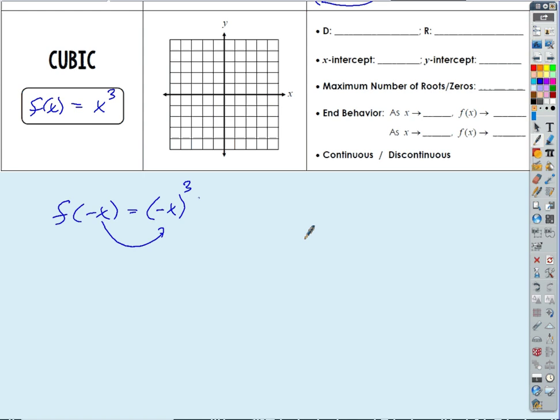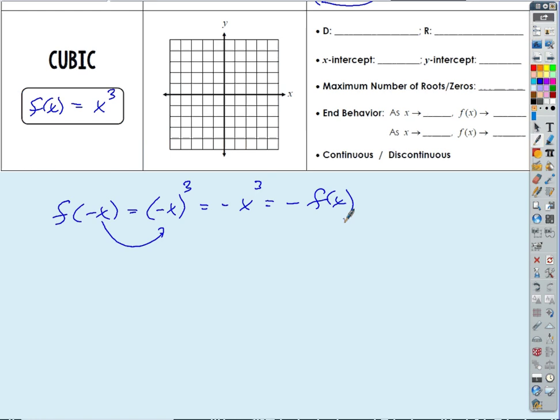So would you agree I've got the quantity negative x cubed? So negative x times negative x times negative x. What's the outcome of that? Negative x cubed. Okay, but f of x is x cubed. So isn't that the same thing as negative f of x? So what kind of symmetry does it have? It's got odd symmetry. It's got rotational symmetry about the origin, guaranteed, right?